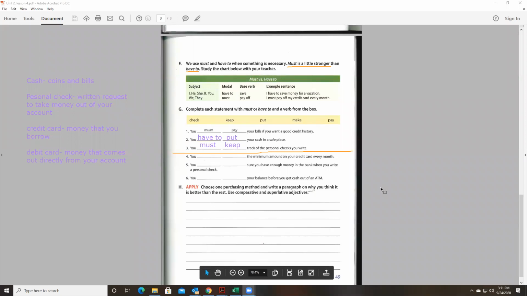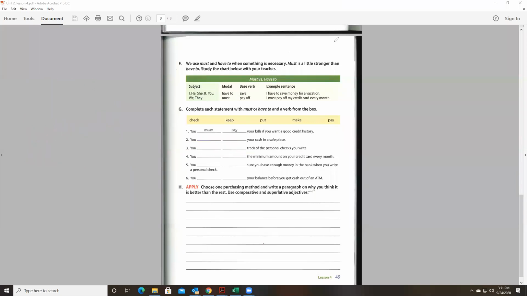Remember, a paragraph is 5 sentences on why you think it is better than the rest. Make sure to use comparative and superlative adjectives. Choose whichever method you prefer, whether it's cash, personal check, credit card or debit card, but then tell me why. Why is that a method that you prefer?